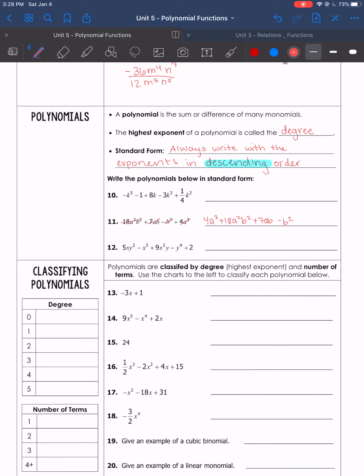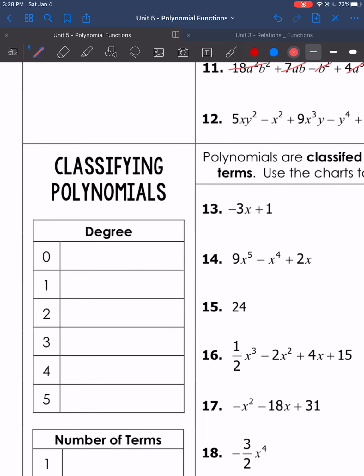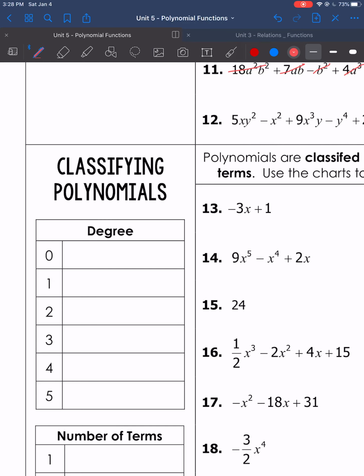Alright, so to classify these guys by degree, we're going to fill in these charts over here. So if there's no exponent, we call it a constant. If it has an exponent of 1, we call it linear. If it has an exponent of 2, we call it quadratic.